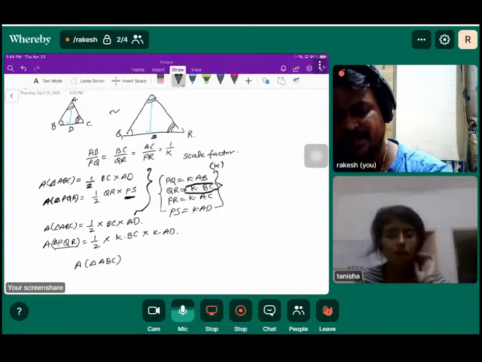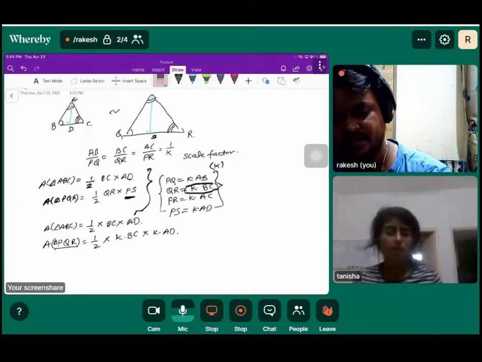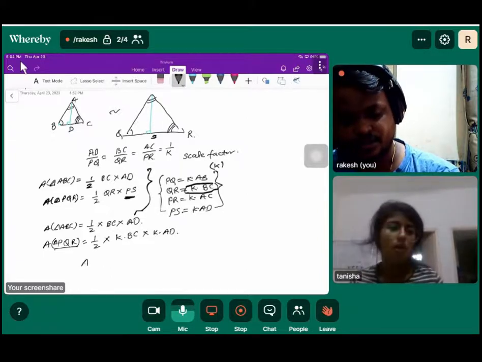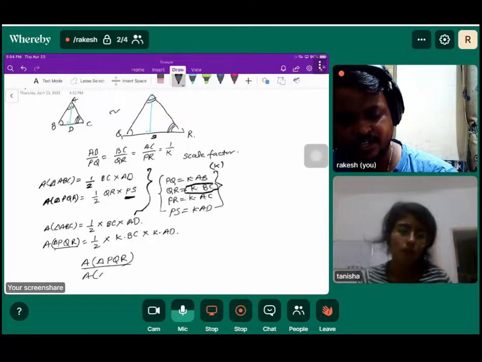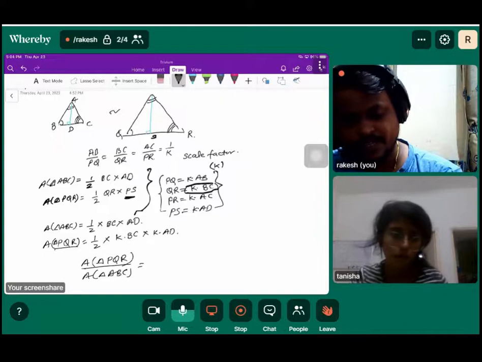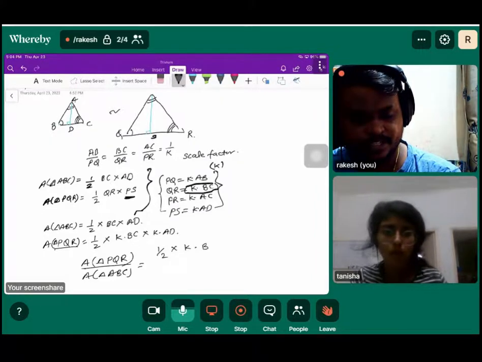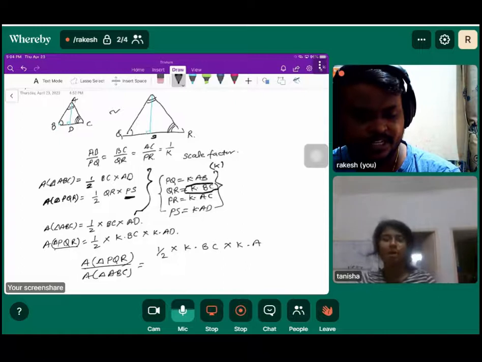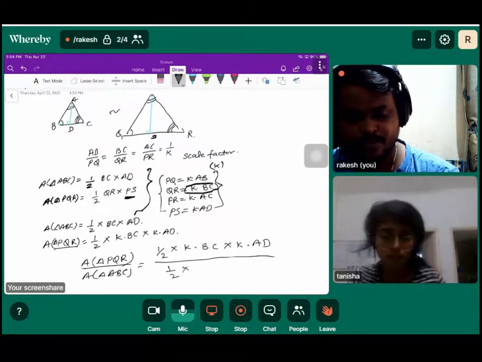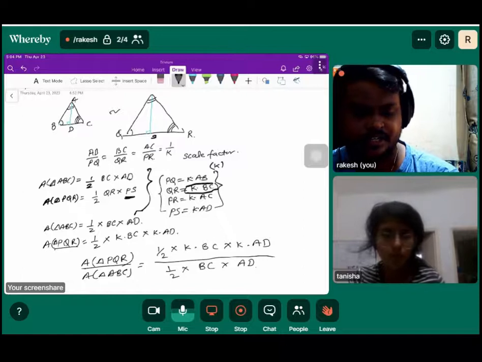So if you take the ratio of the area of these triangles, let me write PQR above, because that has larger area than ABC. So area of triangle PQR upon area of triangle ABC, right? The right hand side is k BC into k AD upon half into BC into AD, right?